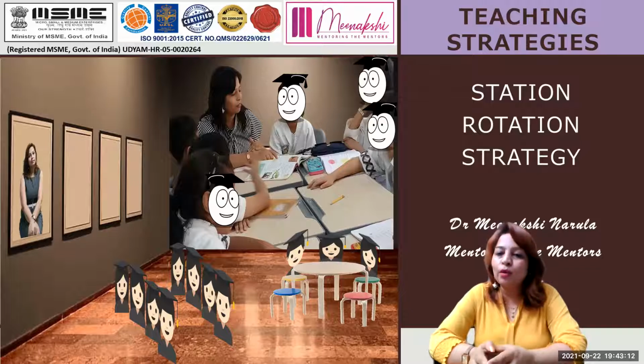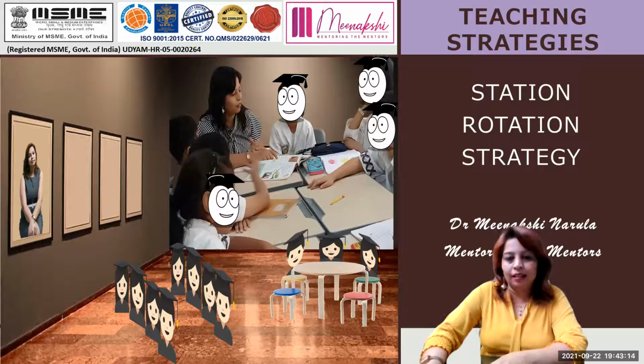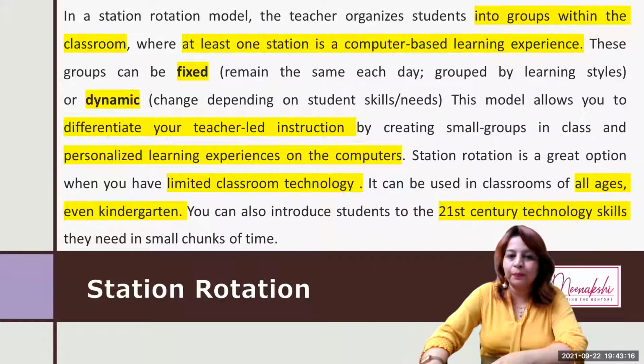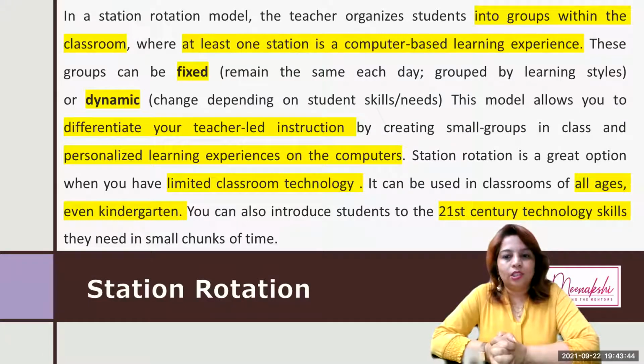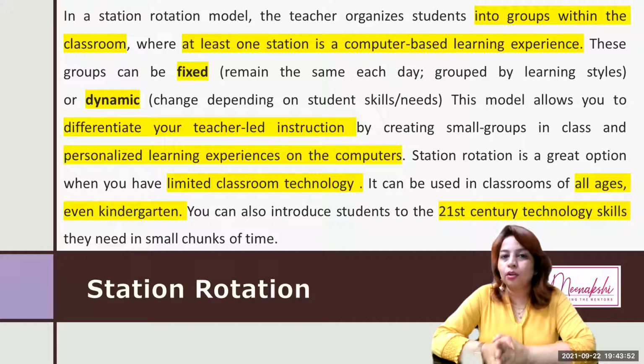Right? Now, how will this strategy work? Let us discuss it. So, in this strategy, what does a teacher have to do? First of all, the teacher has to divide the students into groups, right? How will she divide?